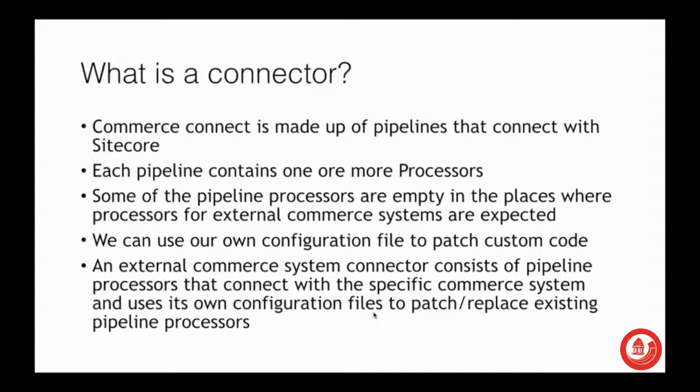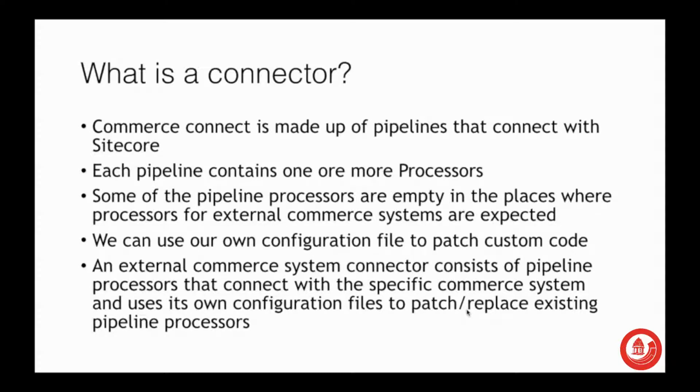Normally when we write our own connector, the connector is basically an implementation of a few pipelines. So when you write your own connector, it's probably a good idea to have your own configuration files and then use the patch attribute to replace the existing pipeline processors.